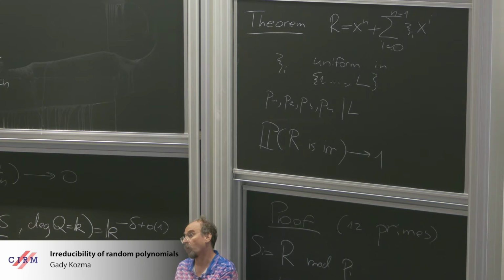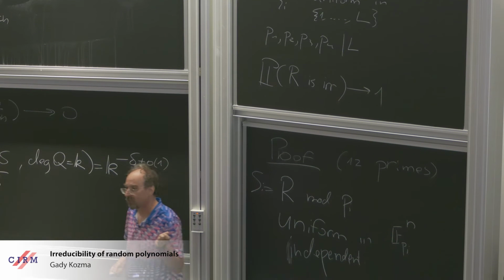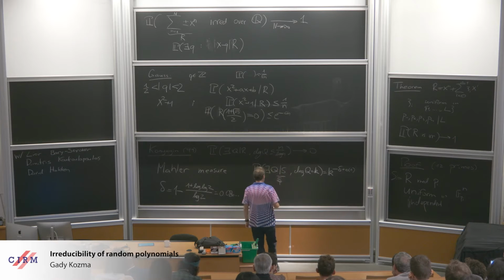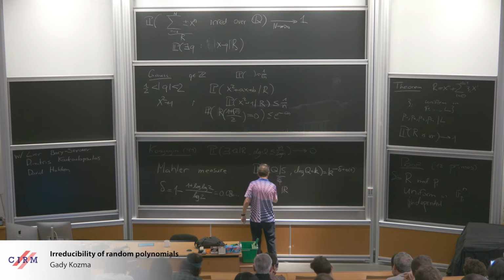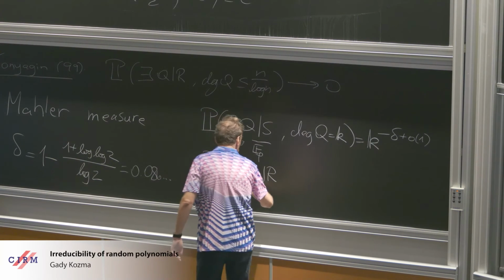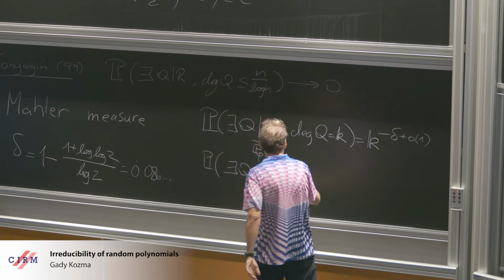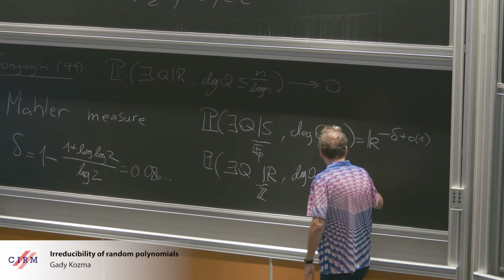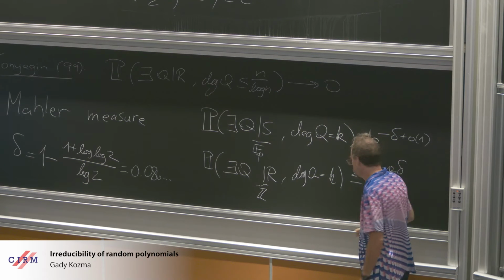So it's smaller or equal to the probability that all these guys have a divisor modulo P. So the probability that R has a divisor, and this now is in Z, or Q or whatever, of degree k is smaller or equal to k to the minus 12 delta plus o(1).